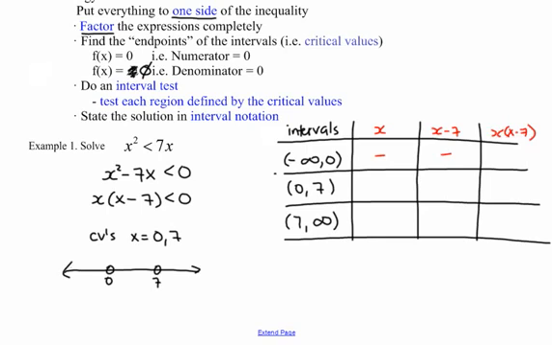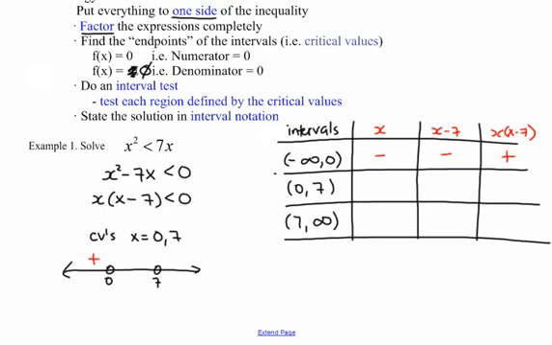Any number you plug in from negative infinity to 0, like negative 2 minus 7, is negative. So a negative times a negative means our function will be positive between negative infinity and 0.